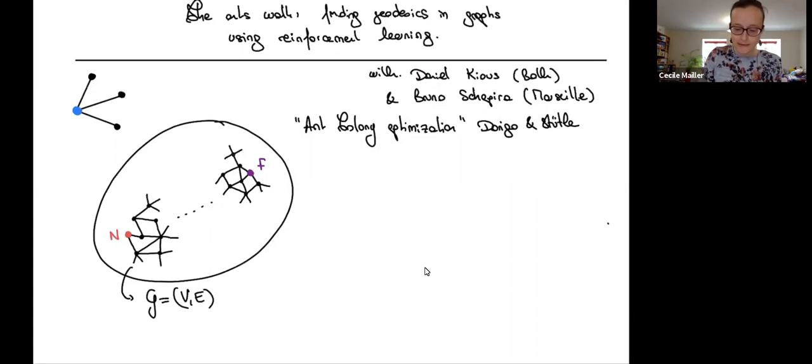And we got inspired by a book which is called Ant Colony Optimization. So this is a book of biology and math and also computer science, where the authors Dorigo and Stützle show how we can design efficient reinforcement learning algorithms that are inspired by the real behavior of foraging ants.